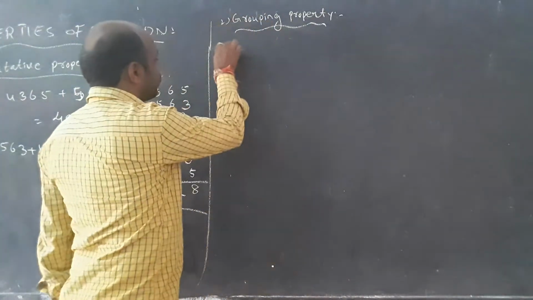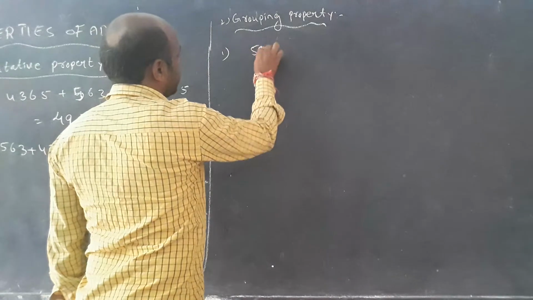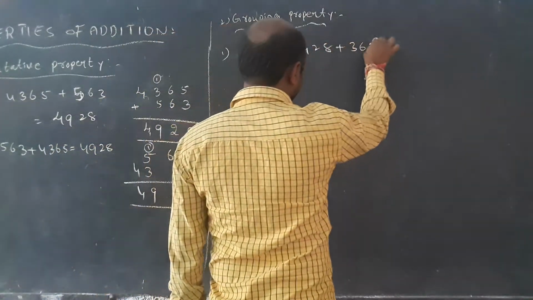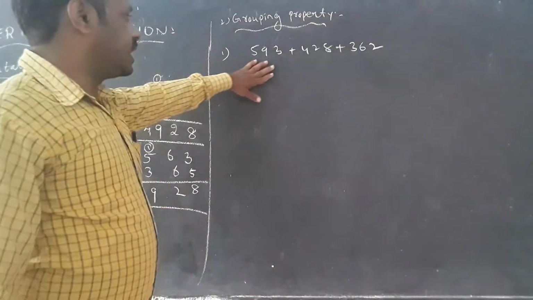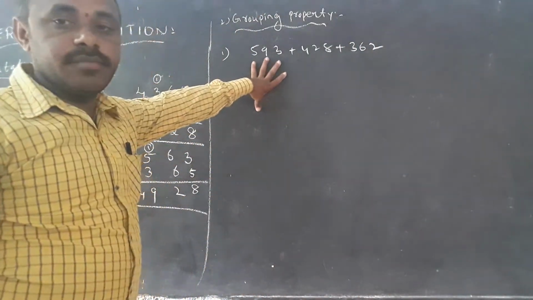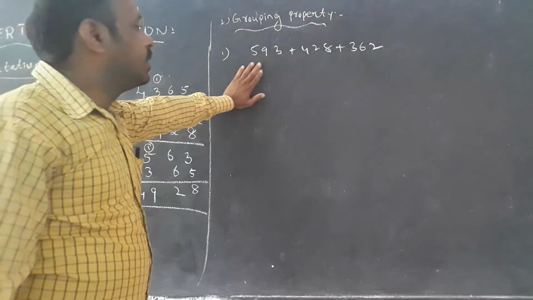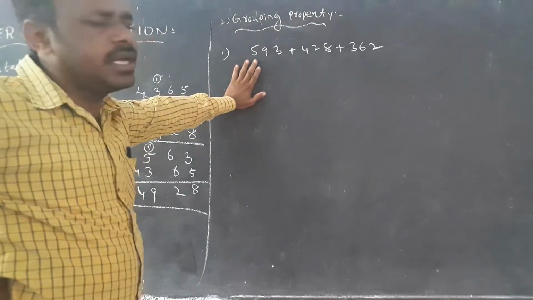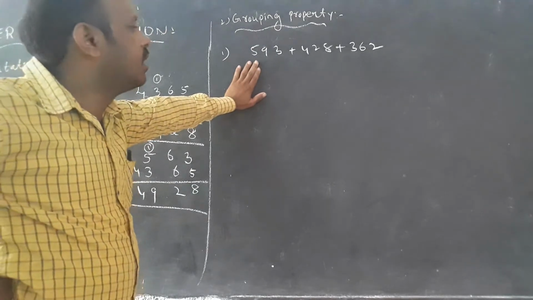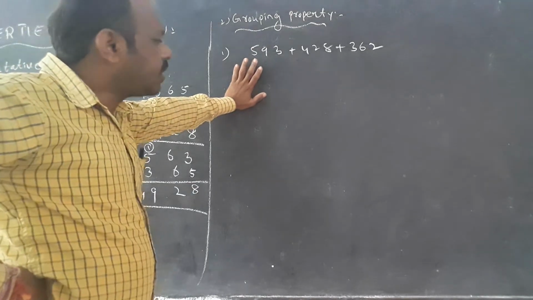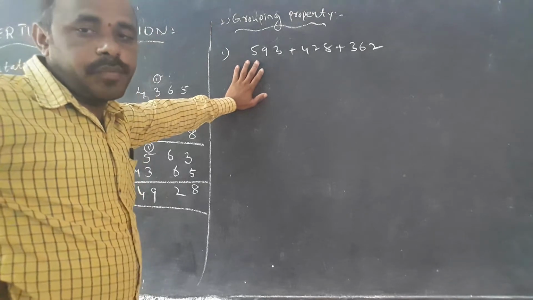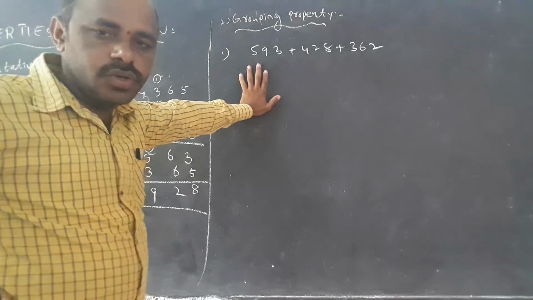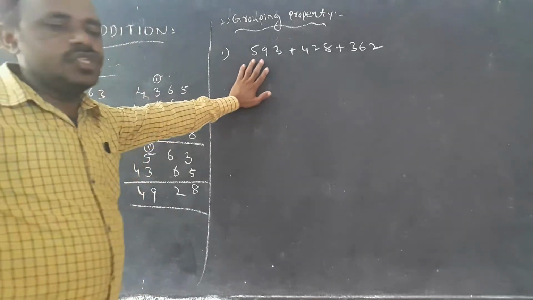See here, 593 plus 428 plus 362. Here all are 3-digit numbers. You can take 3-digit or 2-digit numbers, or even more than 4-digit numbers. It will be easy. We apply the grouping property. Between the numbers we keep the addition symbol.